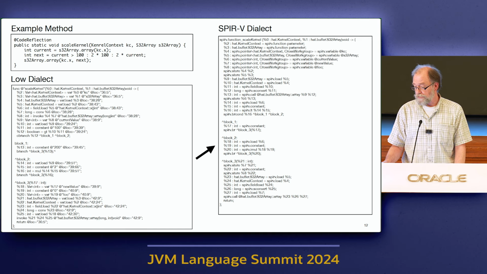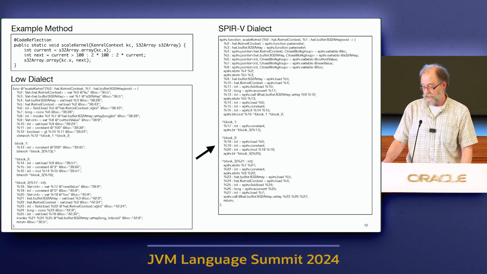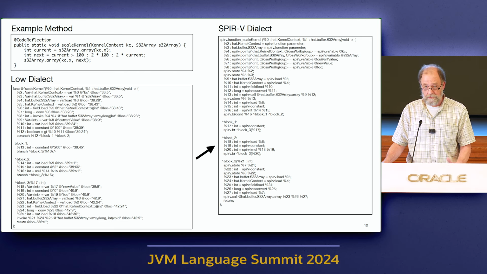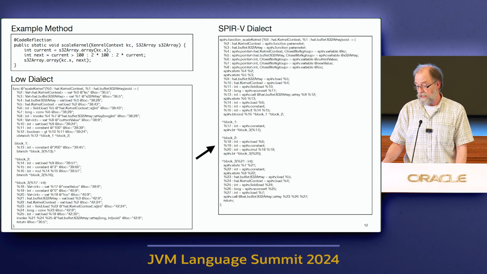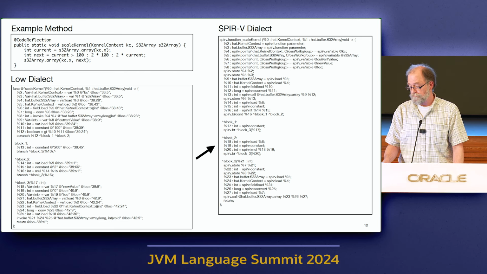So here's more of a complete example. The Java method in the upper left-hand corner, it's a very trivial kernel. It's written in the style of the heterogeneous acceleration toolkit that you'll hear about. And the model code down below it is the low dialect that was just returned by asking code reflection for the code model.